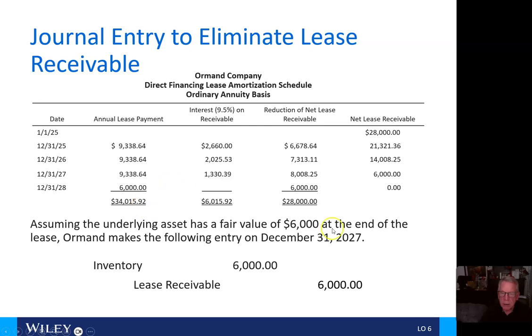And lastly, we'll make the following entry on December 31, 2027. We'll debit inventory to bring that asset back and credit lease receivable for $6,000 to zero that receivable out.